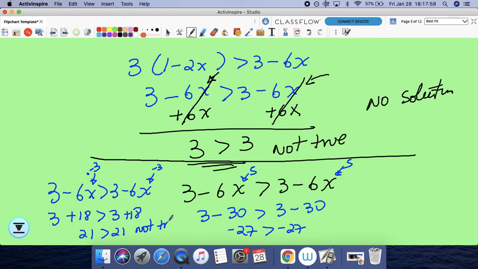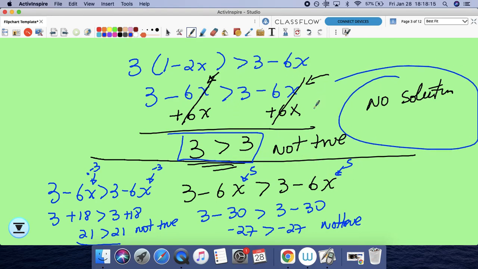So it doesn't matter what x value you plug in, the left side will never be greater than the right side. So for number 23, there's no solution. No value of x will make this inequality true.